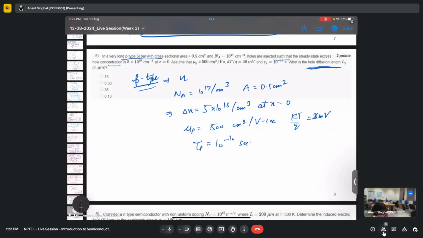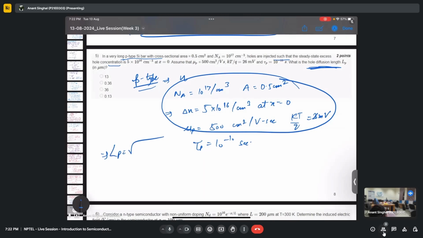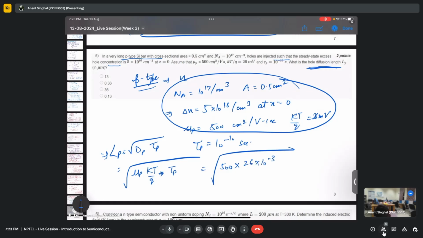This is quite easy. We don't even need all this information because we just need to find the diffusion length, which is nothing but the square root of Dp tau p. Dp is mu p times kT by q, and everything is given. Mu p is 500, which is in centimeters, 26 times 10 raised to minus 3 volts, then tau p is 10 raised to minus 10 seconds.